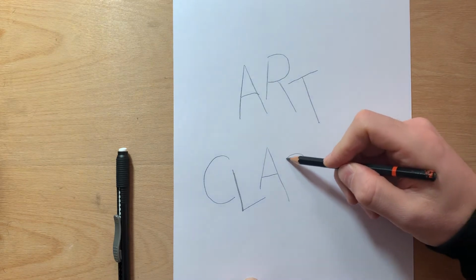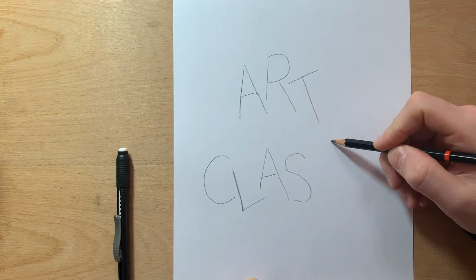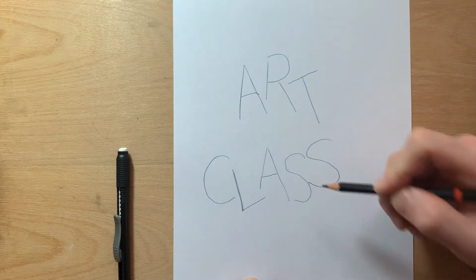Not making them totally perfect. And this is kind of what we want because this is what's going to give us those graffiti letters. So there, I just started with basic letters and just drew them sort of all crookedy and some bigger than others. And none of them are even.